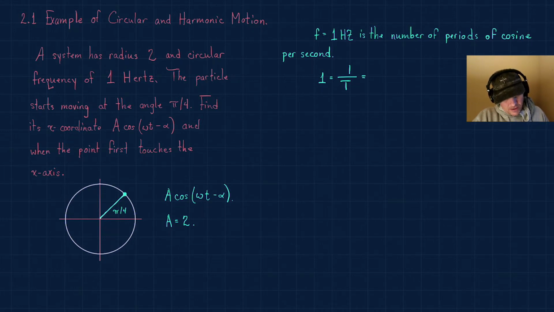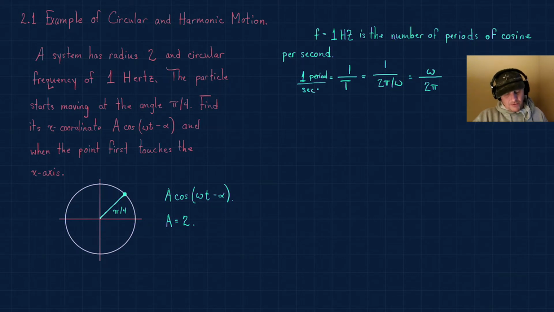And then the period T is 2 pi over omega. So if I flip and multiply this, I have omega over 2 pi. And so this is 1 cycle per second, you could say. This is one period per second.